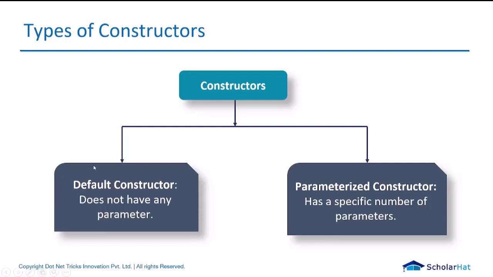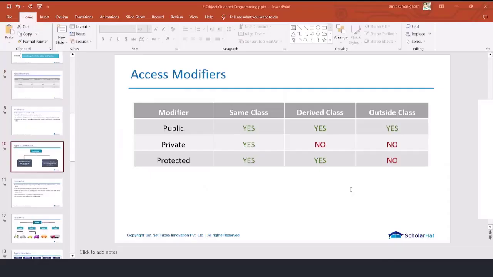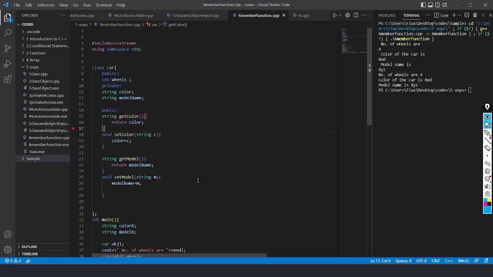Now let's jump to VS Code and see examples of the default constructor and the parameterized constructor and how to do it. Here we're going to see what a default constructor is. Let me create a separate file for that.